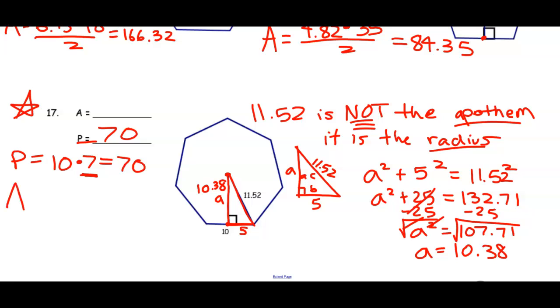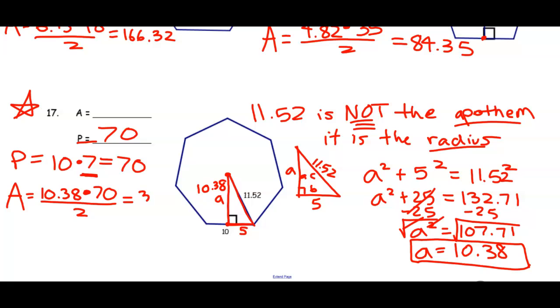So area equals the apothem, this number, 10.38, times the perimeter divided by 2. I get 363.